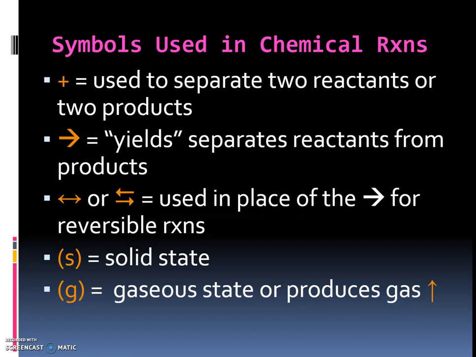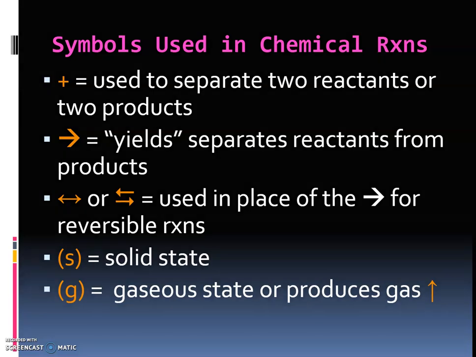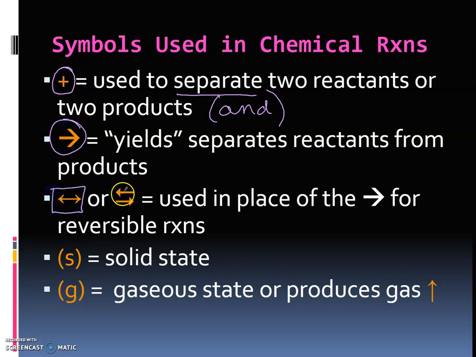All right, so a couple of more things to review. In our chemical reactions, I told you about the plus sign. The plus sign is used to separate them. It means and, not plus necessarily. The arrow means yields. Later on in the course, you might see a double-headed arrow or one going forward and one going backwards.